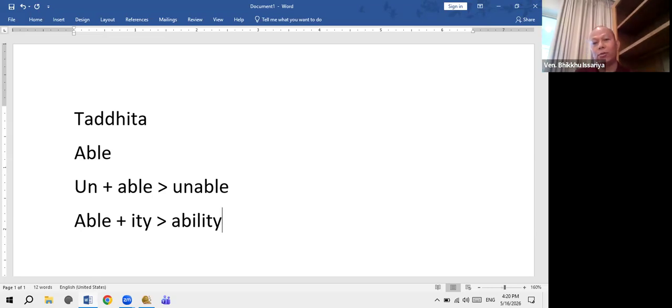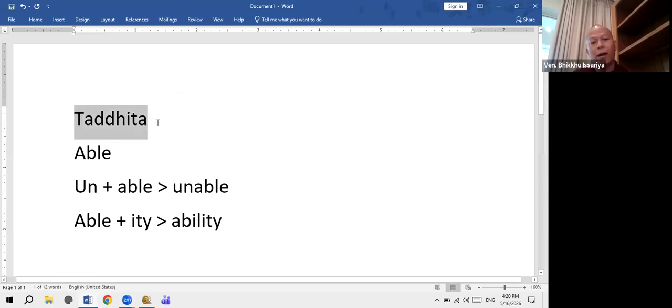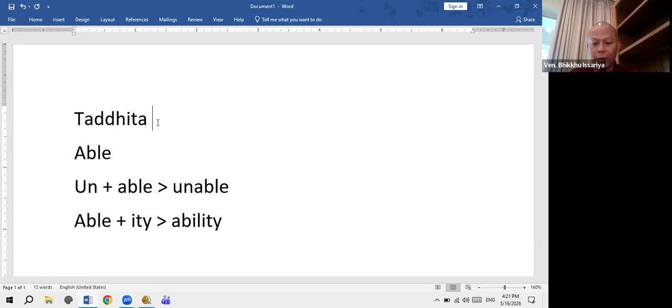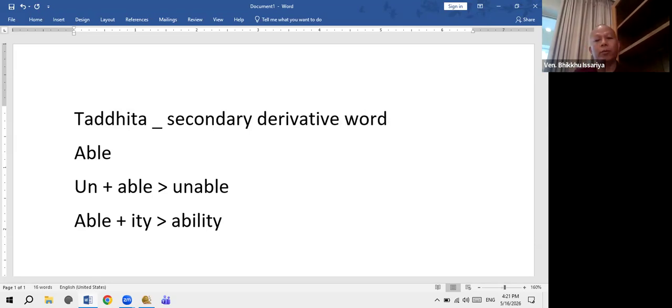So in Pali also, now we will learn this topic, Taddhita. Technically, that one is translated as secondary derivative word.